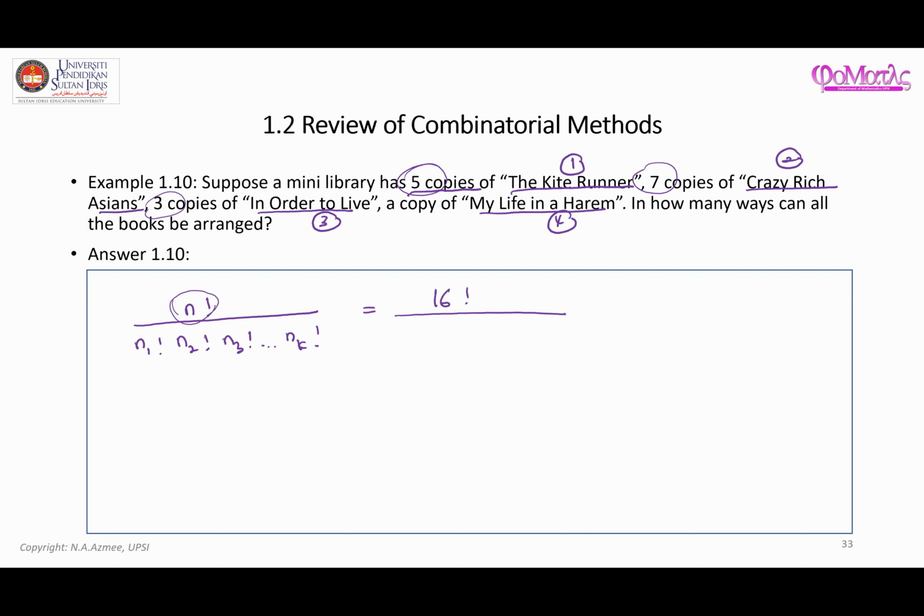For the first book, we've got 5 copies, so here we've got 5 factorial for the first book, 7 factorial for the second book, 3 factorial for that one, and 1 factorial for this last category. And I'm sure you'll be able to get that the answer to this question is going to be 5,765,760 different ways of arranging the books on a shelf.